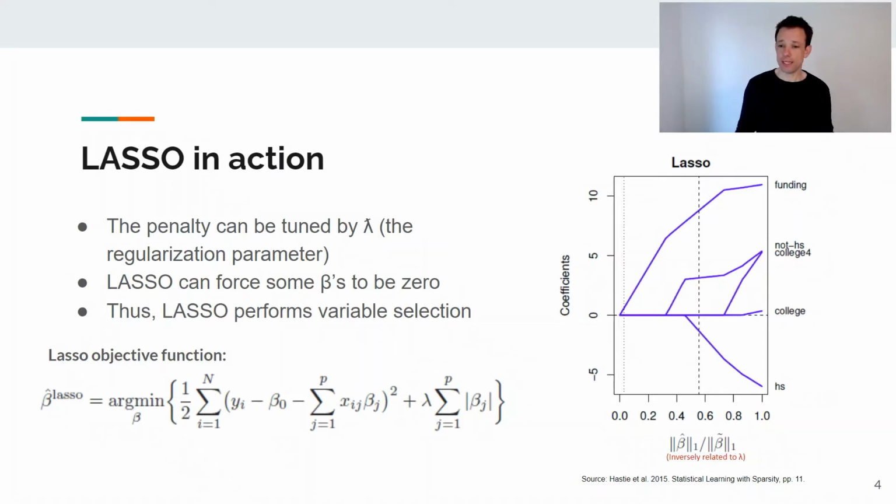So that means that at 1 the Lasso coefficients are the same as the OLS coefficients, and at 0 you have driven out all the Lasso coefficients of the model, so they're all 0, and then everything else in between. So you're scaling the range over which you vary your lambda parameter.